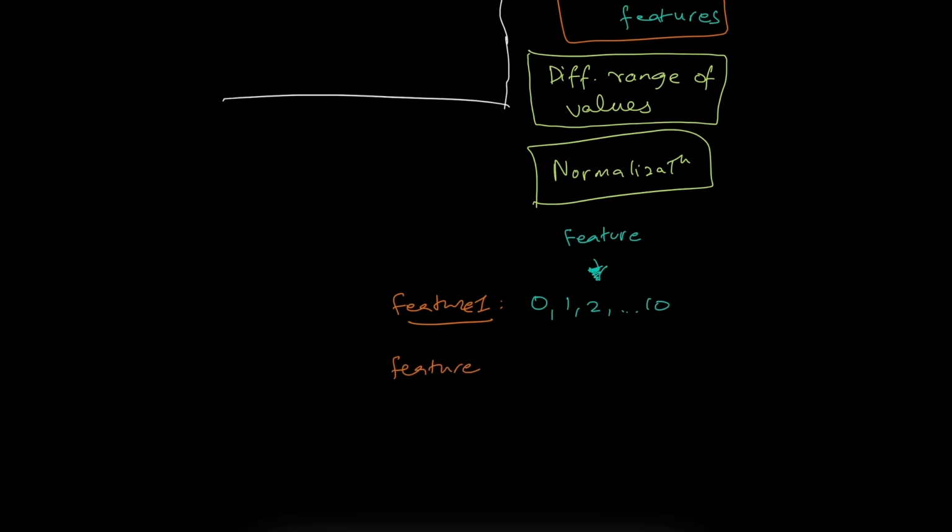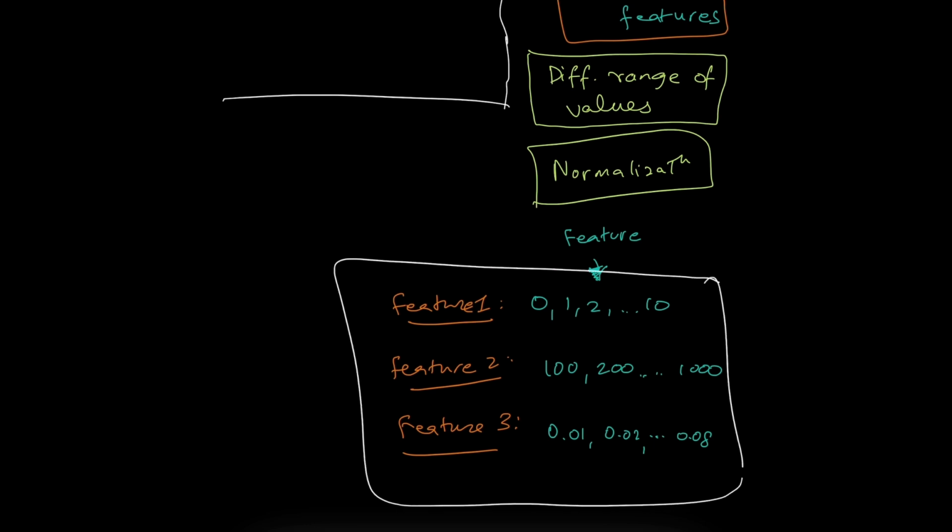For feature 2, we can have a range of like 100, 200, goes all the way to 1000, and then we have feature 3 that just goes from 0.01, 0.02 and so on all the way to 0.08. Now we see the huge difference in the range of these features, right?